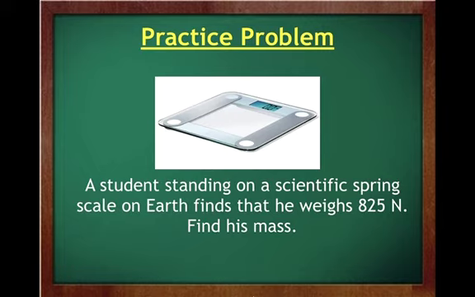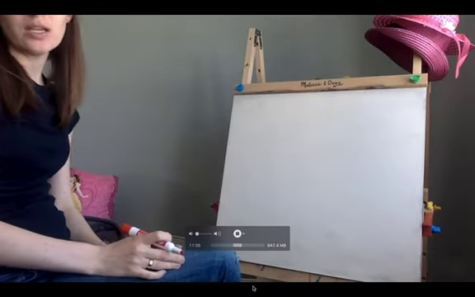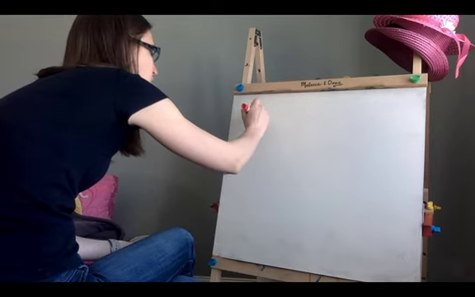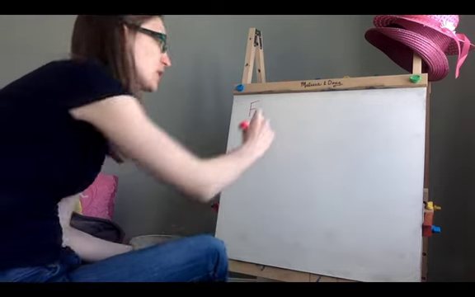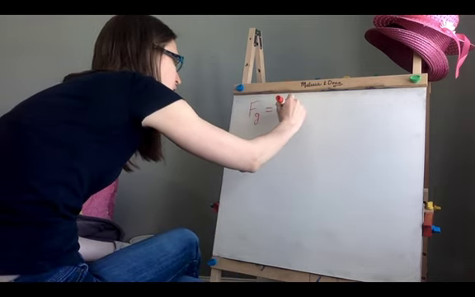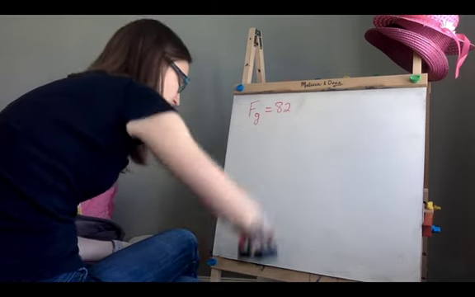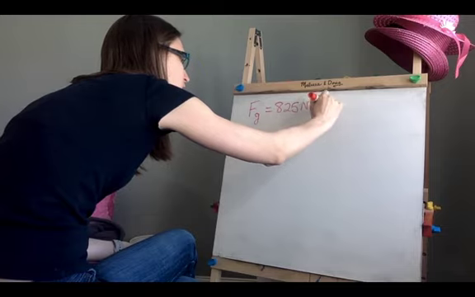Okay, so again, let's go solve that. So again, things that we know, right? So we know that its weight, the student's weight, which would have been the force of gravity, is 825 newtons. And that would again be down, because gravity is pulling down on the student.